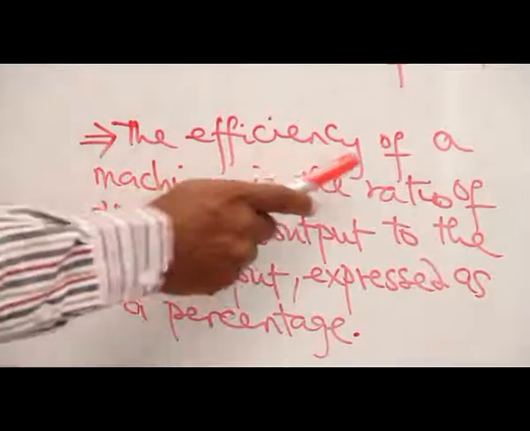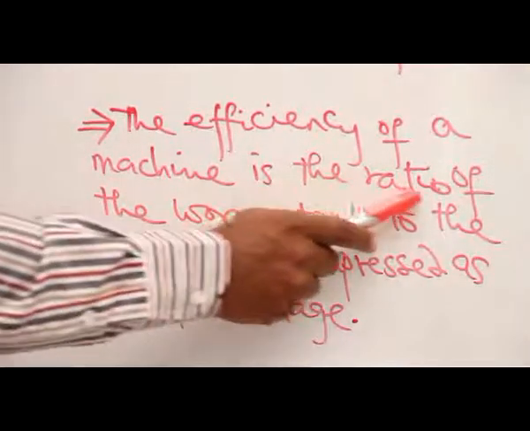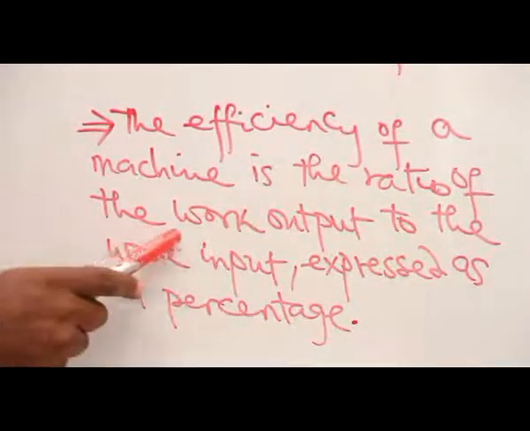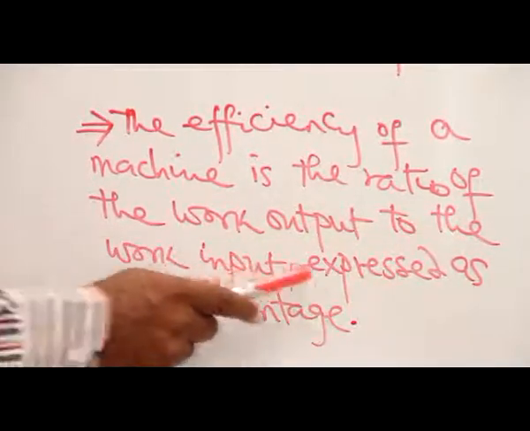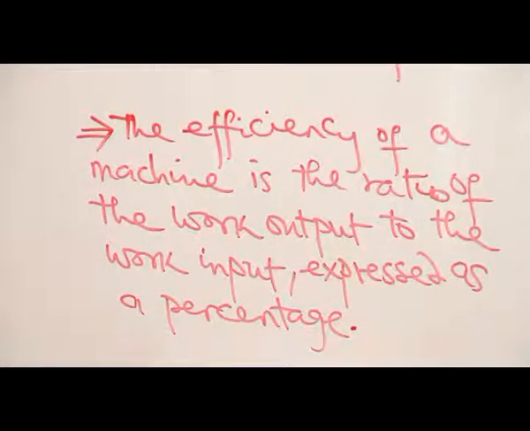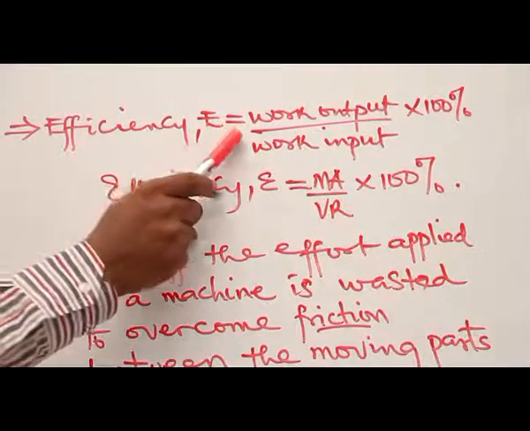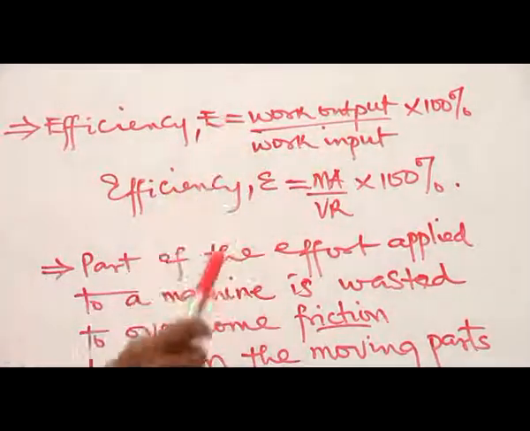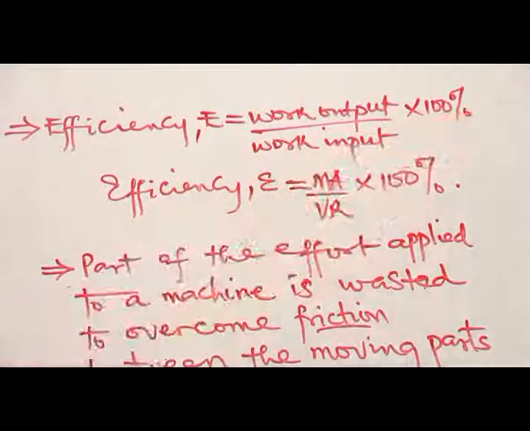The efficiency of a machine is the ratio of the work output to the work input, expressed as a percentage. Efficiency in formula terms is equal to work output divided by work input times 100%.